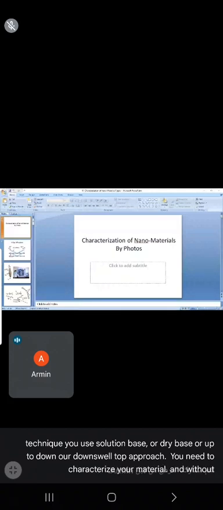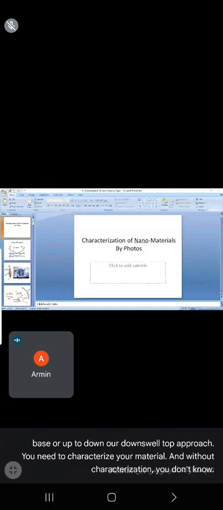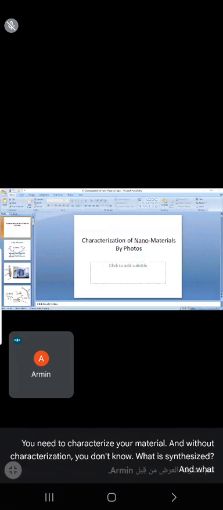Without characterization, you don't know what is synthesized and what its characteristics are. So the importance of characterization is a lot.